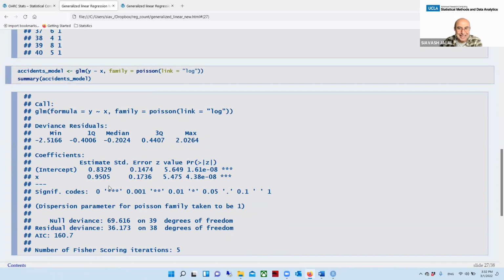Think about the link function. The link function here was log, right? So the metric is log. In logistic, the metric was logit, right? Log of odds.